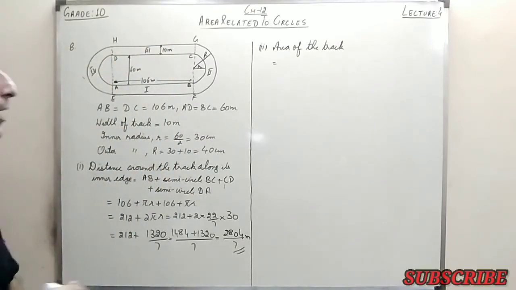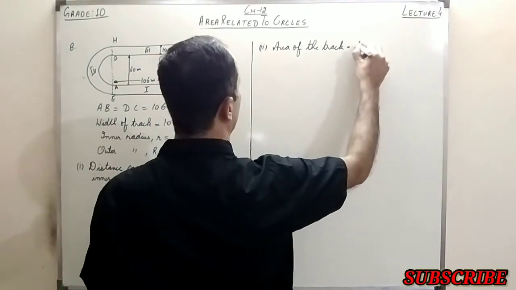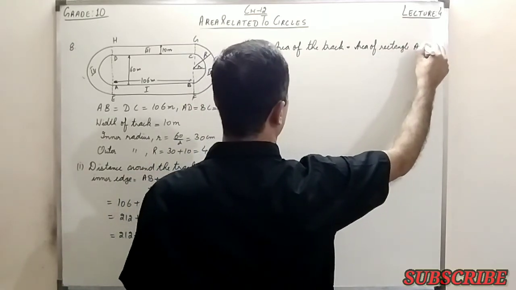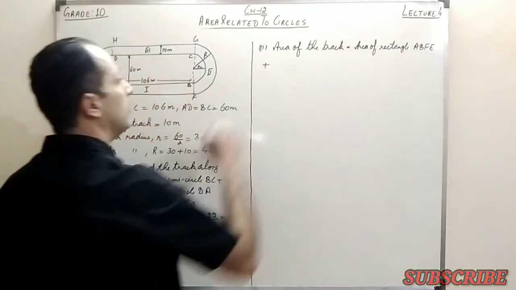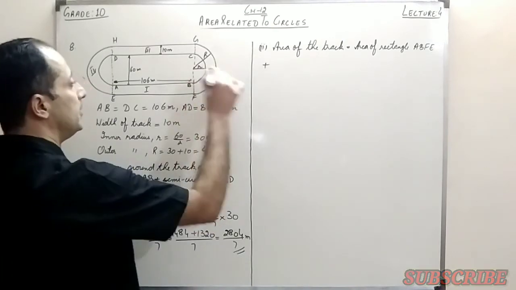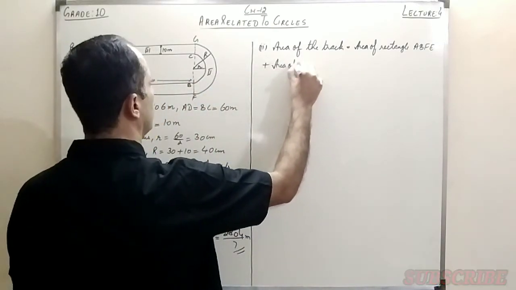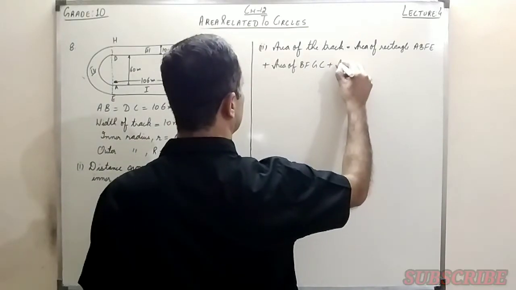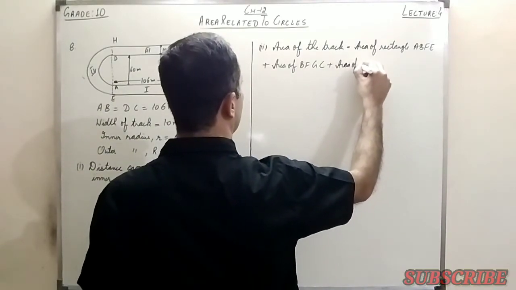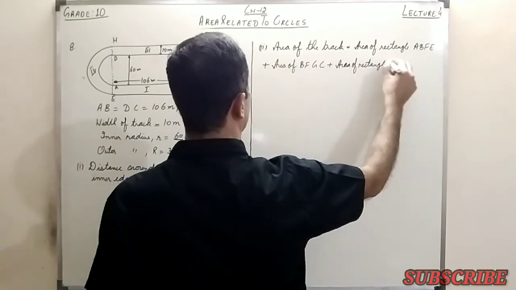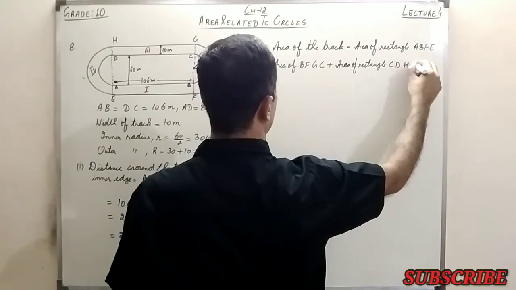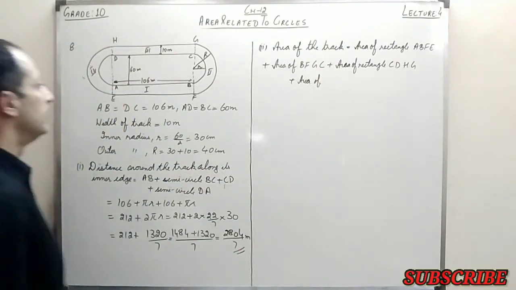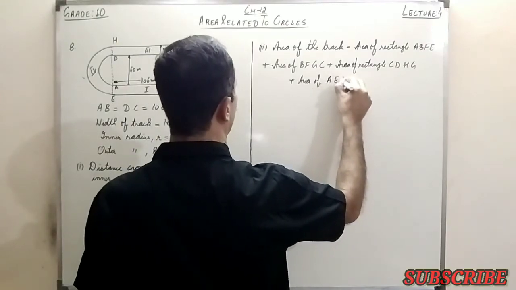Now the first part is basically a rectangle. So I write it as area of a rectangle ABFE plus, now area of this portion BFGC, plus again area of rectangle CDHG, and plus again the area of this curved portion, that is DHEA, we can write it as AEHD.